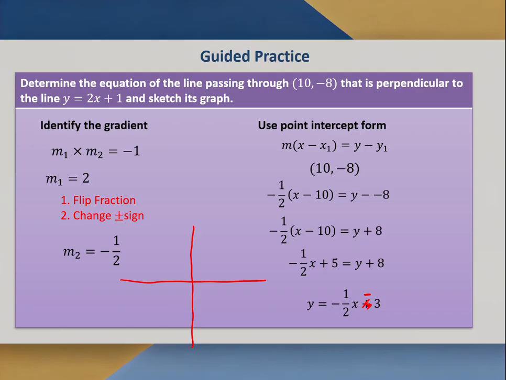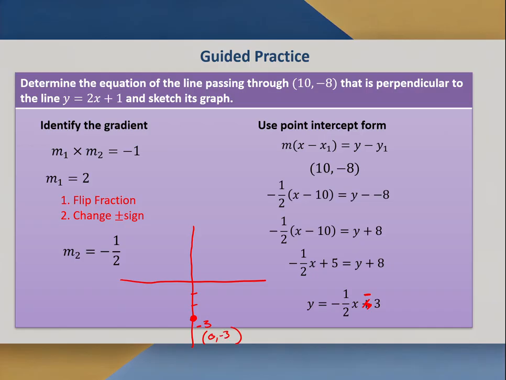That gives me -3, which means it's going to cross here at -3. The next part I could use is the gradient, or I could use the y-intercept. It doesn't matter, but we always want to make sure that we can label every intercept. So I'm going to label this as (0, -3).